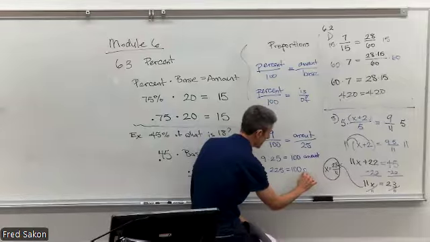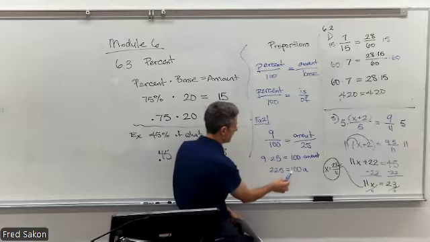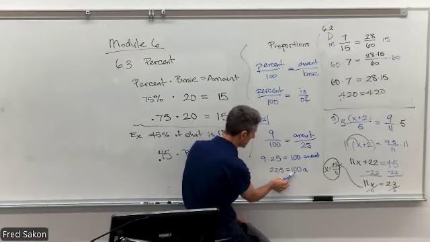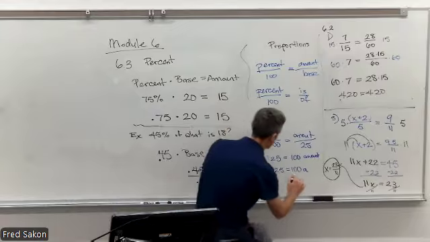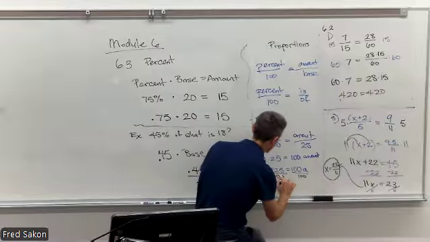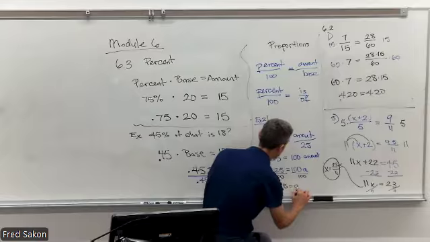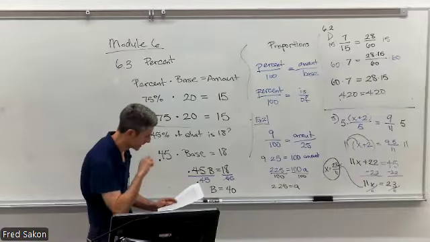I'm going to start abbreviating here, A. How do I solve that? I've got 100 times A right here. I can get rid of the 100 times by dividing 100. Divide 100, divide 100. Looks like I'm going to get 2.25 is the amount of copper in grams, 2.25 grams.